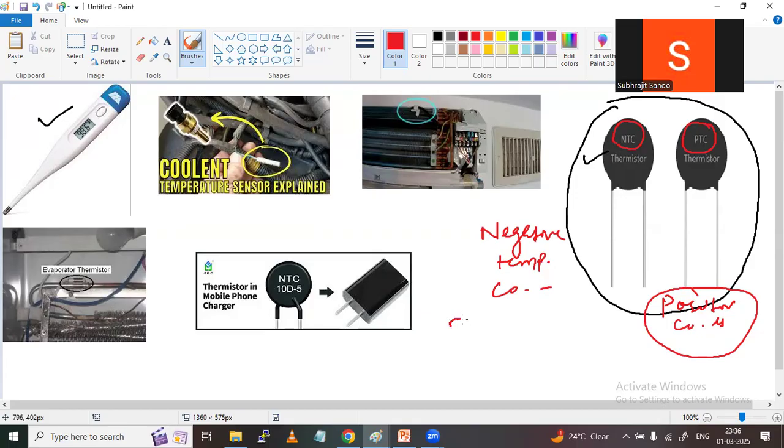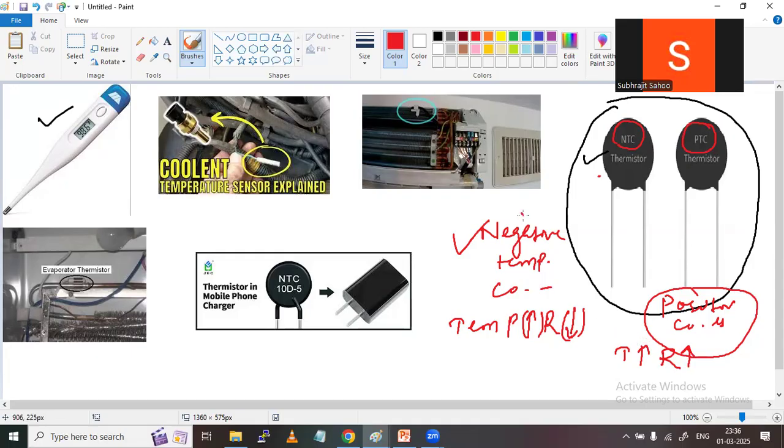Whenever the temperature increases, the resistance of the material decreases in case of a negative temperature coefficient type thermistor. And in the case of PTC type, whenever the temperature increases, resistance also increases.